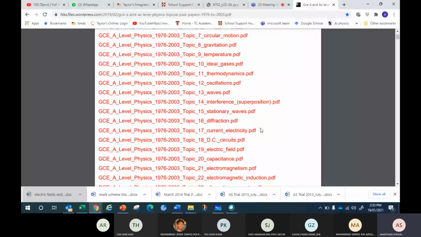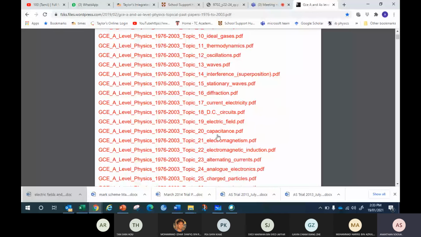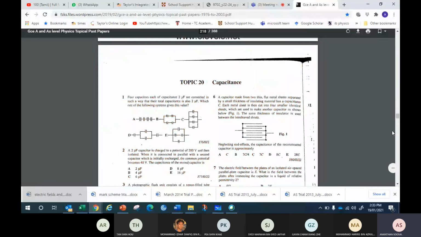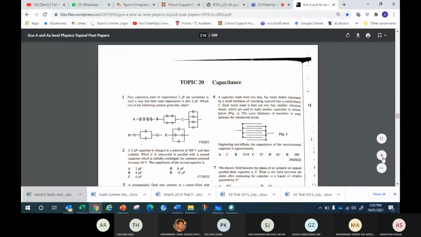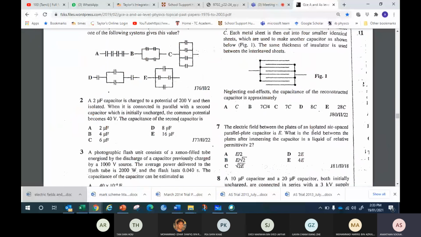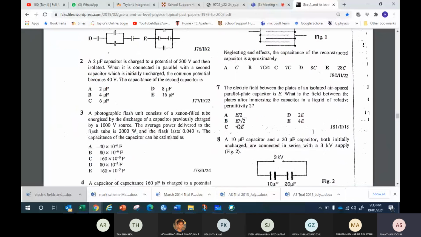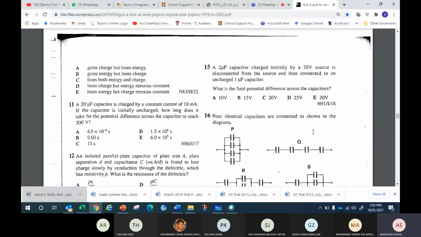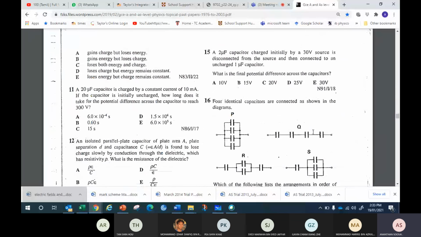So we go to capacitance. Where's your capacitance? Topic 20, capacitance. I click here. Got the questions. These are the capacitance questions. These are all objective. In your paper, there's no such thing as objective. Singapore, they have objective. I go straight to the structured questions.